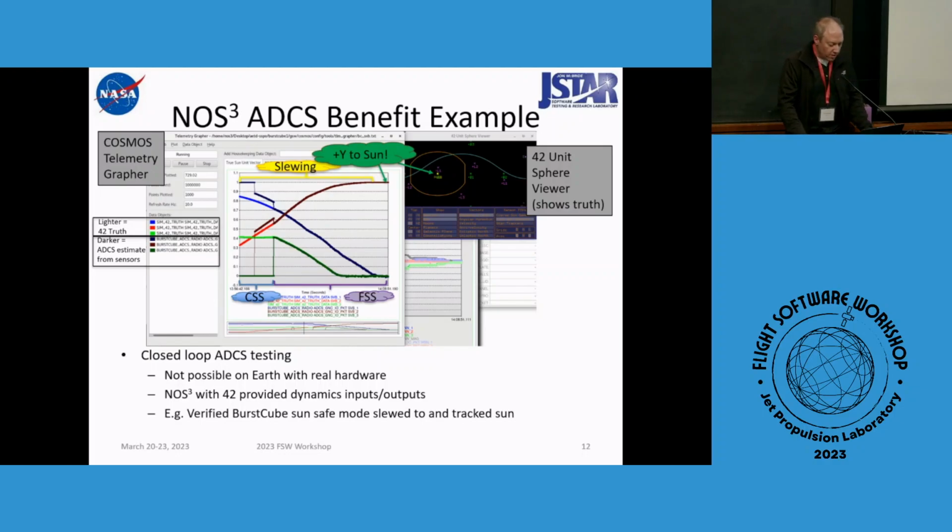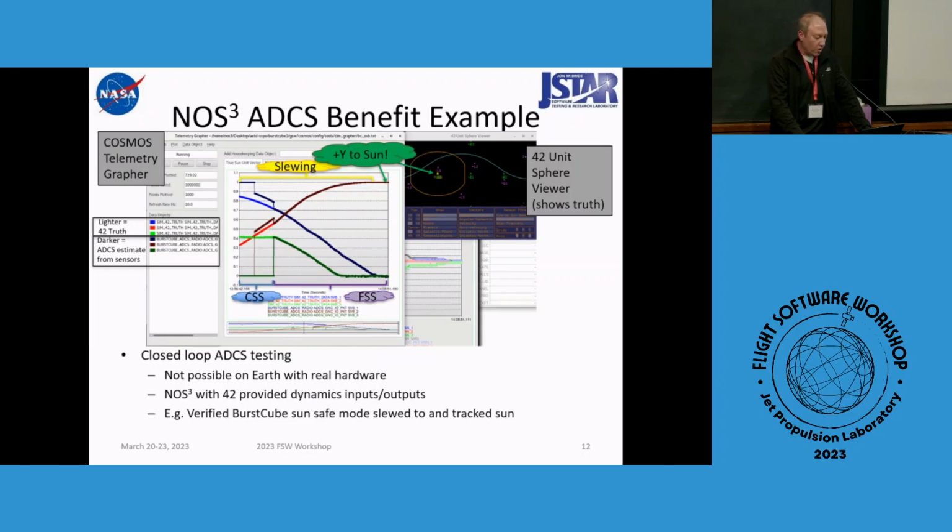And if you look up there, at the bottom, you see in blue the CSS. The lighter blue, red, and green are the truth from our 42 dynamic sim. The darker values represent BurstCube's tracking. And so at time t equals 0, the coarse sun sensor is starting, and then you see the purple fine sun sensor kick in.